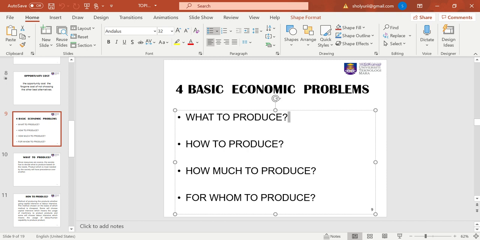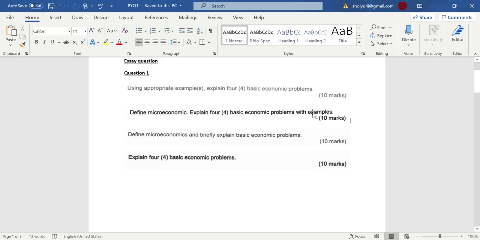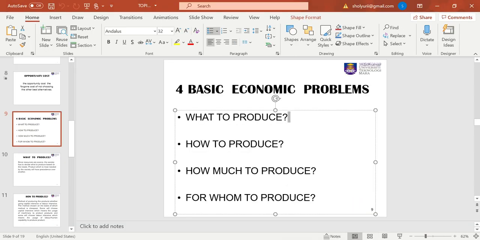So if you read the textbook, how to decide what to produce is based on the needs the society most needed. Okay, and this question asks for examples. That's why I mention about land. Okay, in the country there is only a piece of land, and we need to decide what to produce, the best usage of the land according to the needs of the people. If you explain like that, you can get 1.5 marks. So settle 2 marks here.